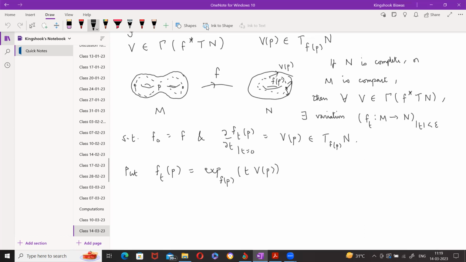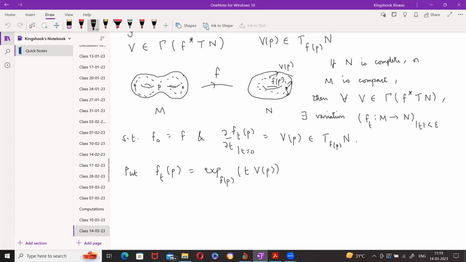And then if I take t small enough, then the norm of t times V is less than the epsilon where the exponential map is defined. And so then this is well defined. Is that clear?